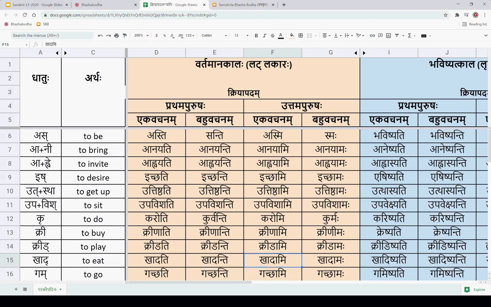Do we know any other verb like krinati? Yeah, I think we know, which is grihnati. Many of you might have heard grihnati. What is grihnati?